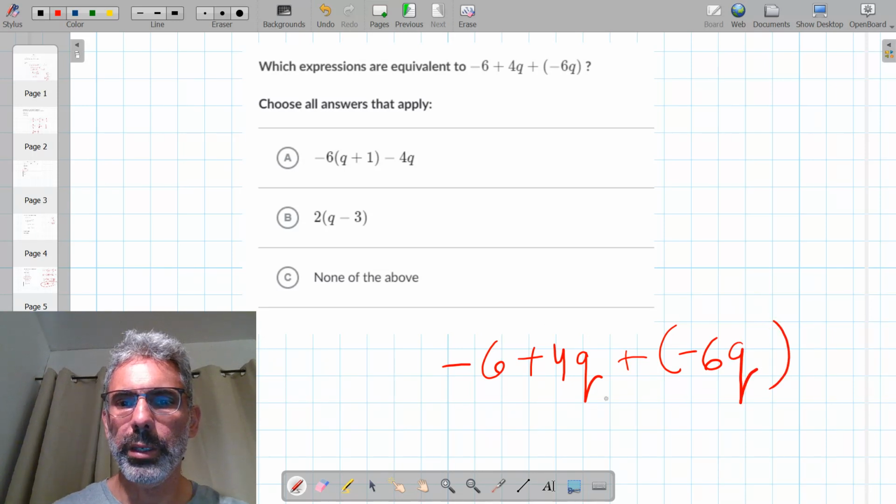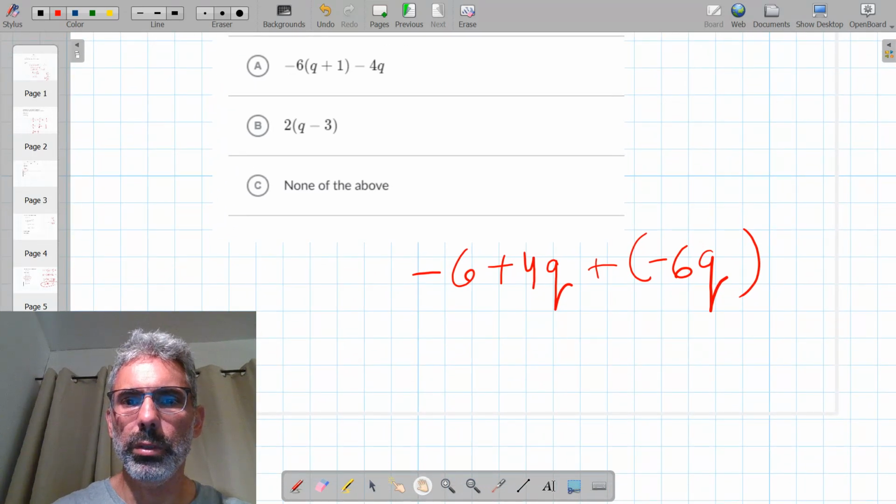So we combine these two terms, the plus 4q and the minus 6q. Okay, so this is positive, this is negative, we add a negative to a positive. So the result is the difference. 6 minus 4 is 2, and the result is negative because 6 is greater than 4.